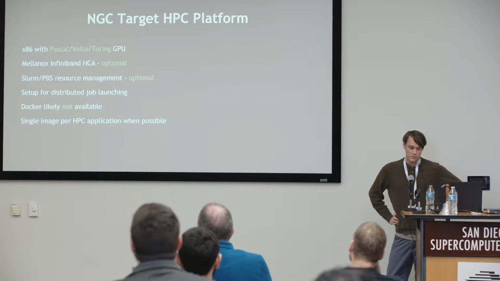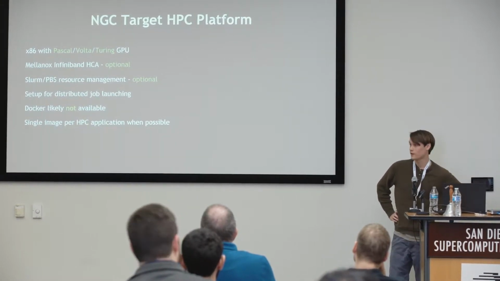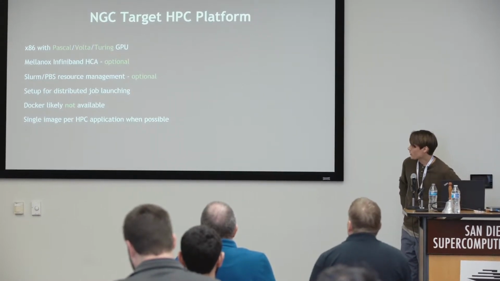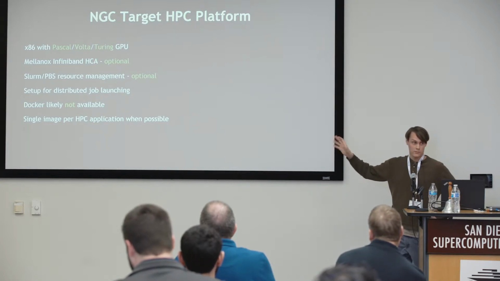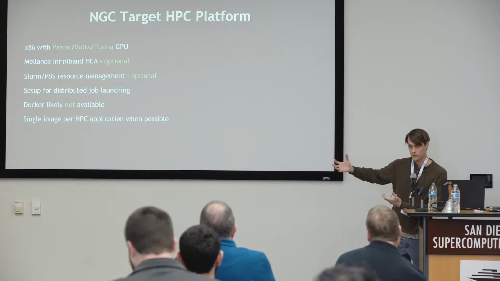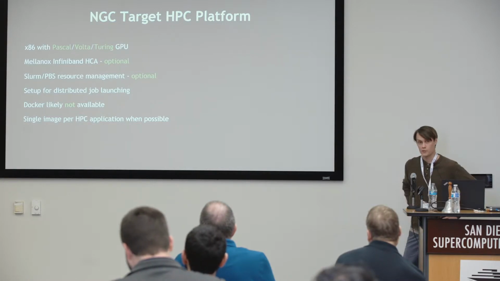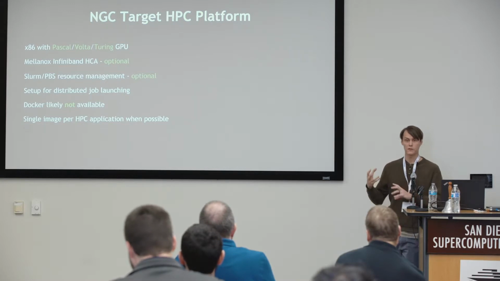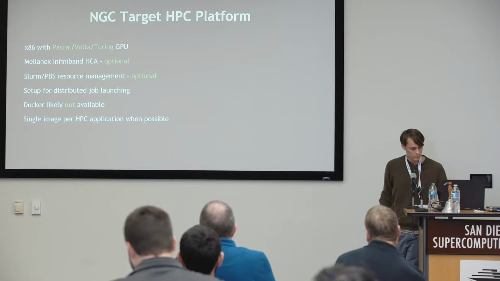We assume that if the system has Mellanox InfiniBand, maybe NVIDIA InfiniBand now, I don't know, that the user wants to make use of it. We assume that if there's a Slurm or PBS like resource manager, we would like to integrate well with it. Docker's probably not available, and a constraint we impose on ourselves is we would like a single image to cover any system that looks like this.